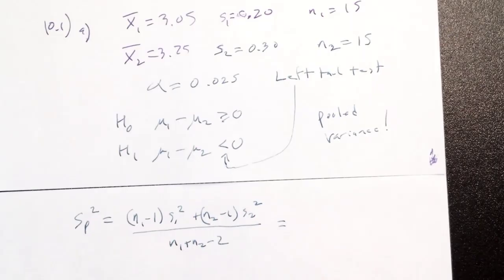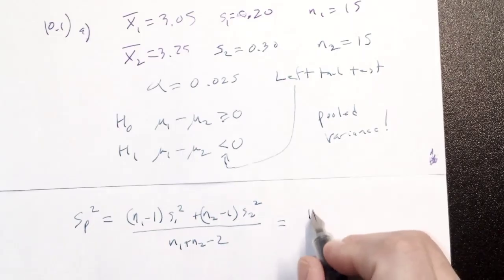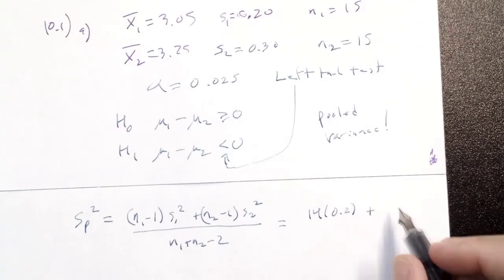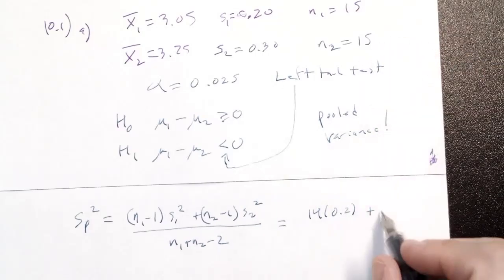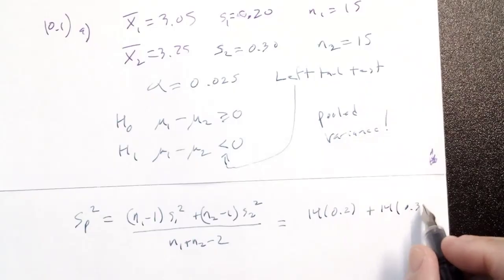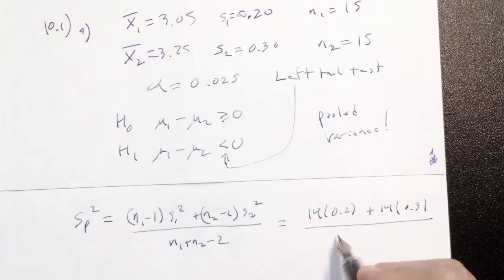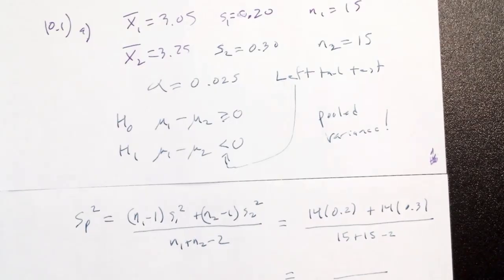How many people in population 1? So 15 minus 1 is 14 times 0.2. There are also 15 people in population 2, 0.3 over 15 plus 15 minus 2. My denominator is 28. What's my numerator?